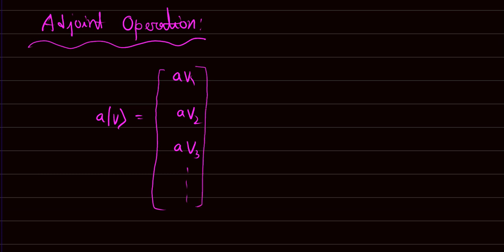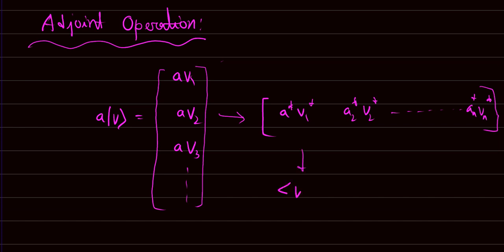If we take the adjoint of this vector, that means transpose and complex conjugate, then this vector will be like this, which will give us the bra.